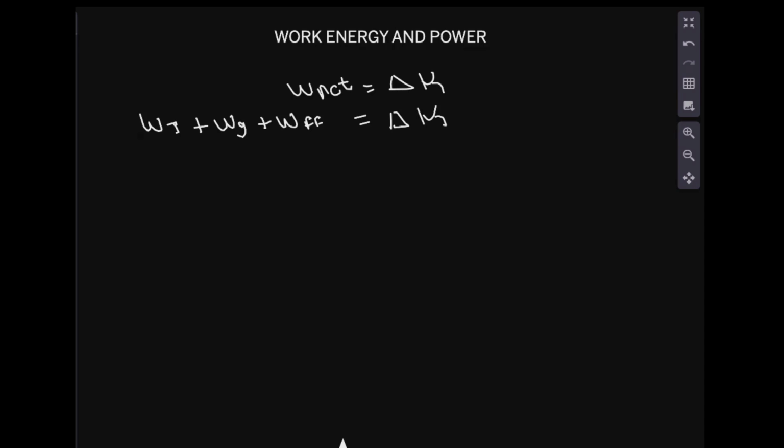Now I can say that F times change in y times cos theta of the tension, plus F times change in y times cos theta of weight, plus work of friction is equal to 0.